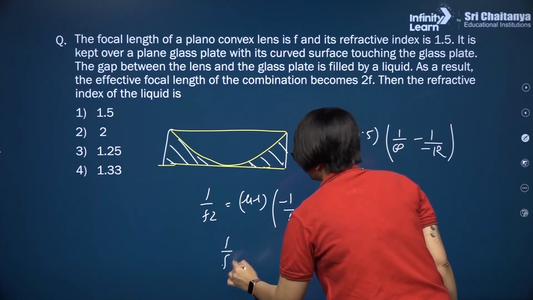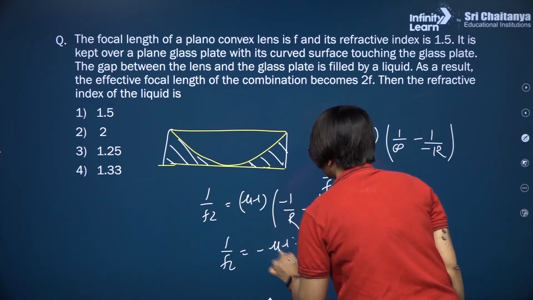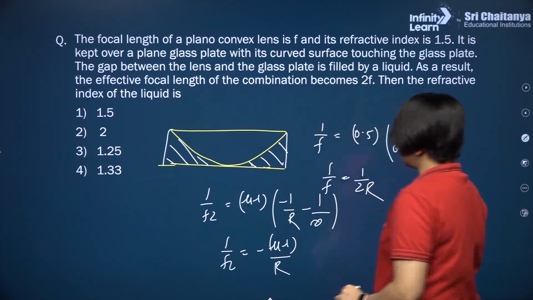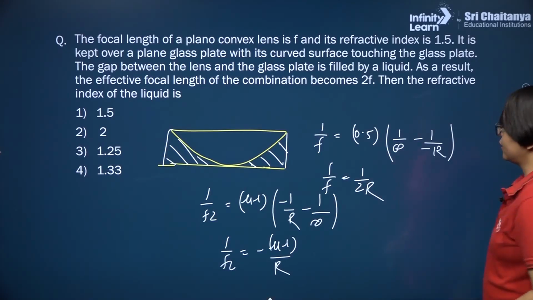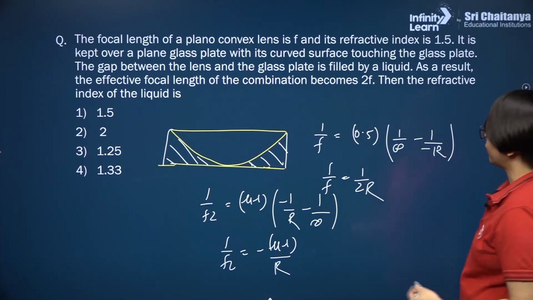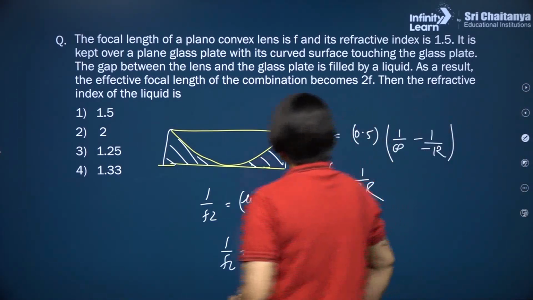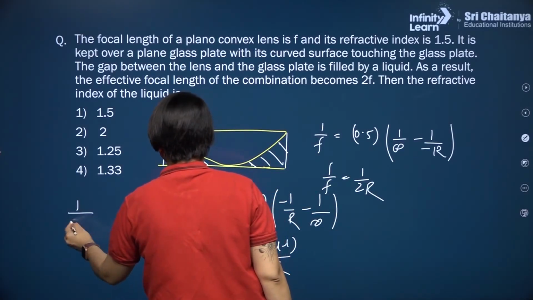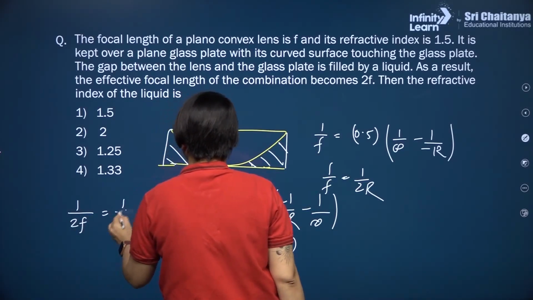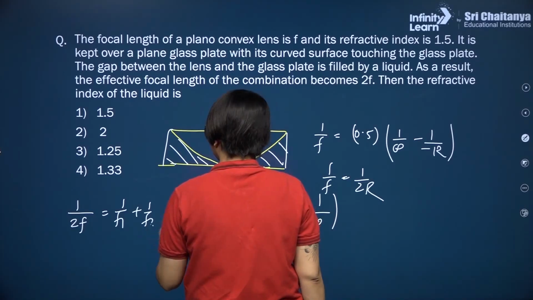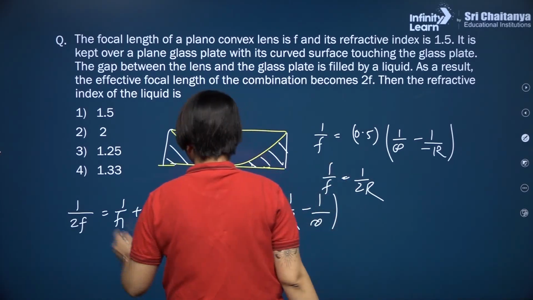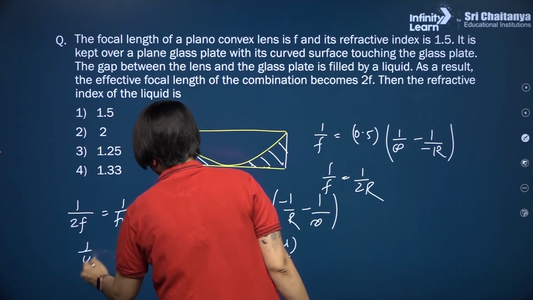So, 1 upon f2 is minus mu minus 1 upon r. Okay. Now, equivalent focal length is equal to 2f, right. So, 1 upon f1 plus 1 upon f2 is 1 upon 2f. 1 upon f is 1 upon 2r. So, 1 upon 2f is 1 upon 4r.